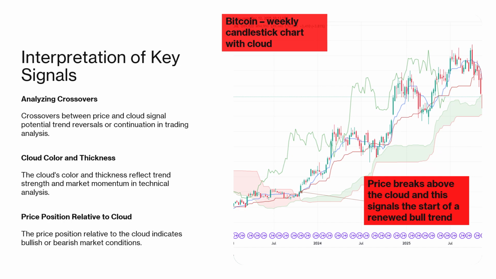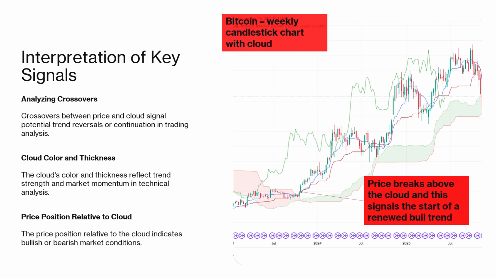Let's look at how we interpret these key signals on the cloud chart system. A very simple way is to look at the crossover between the price and cloud. And in this example, we've got a Bitcoin weekly chart. And we can see early in 2024, price broke above the cloud, and this signaled the start of a renewed bullish trend for the market.